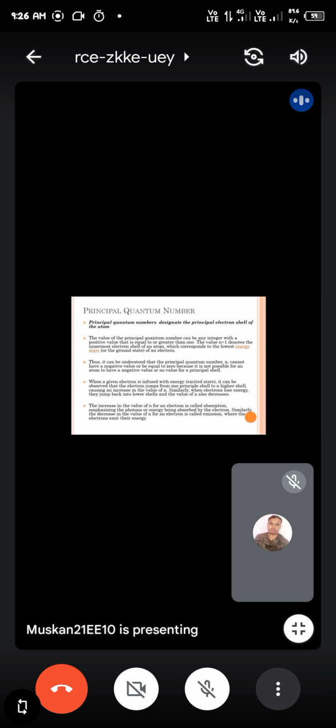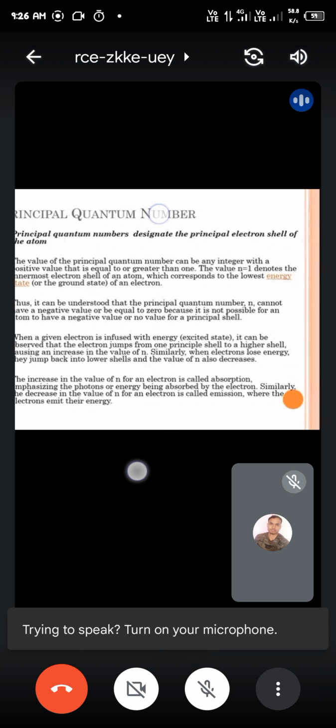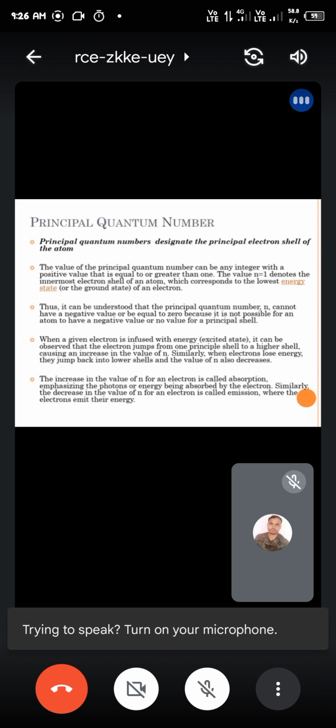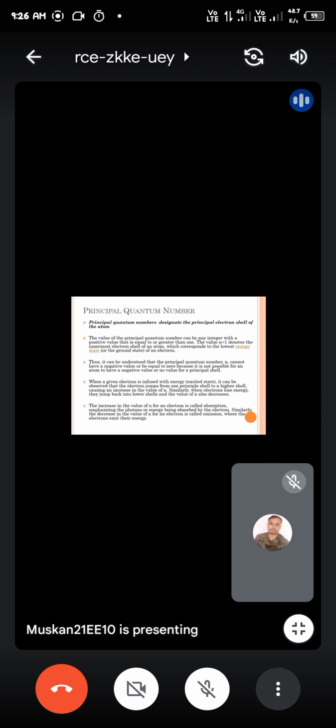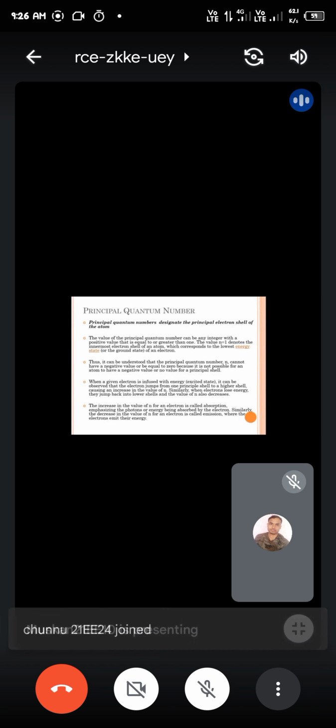First we have the principal quantum number. The principal quantum number designates the principal electron shell of the atom, that is, in which shell the electron is revolving. The value of the principal quantum number can be any positive integer, greater than or equal to 1.